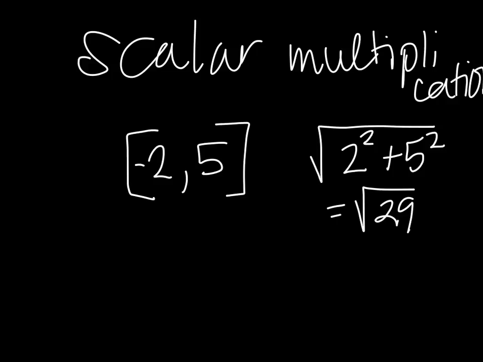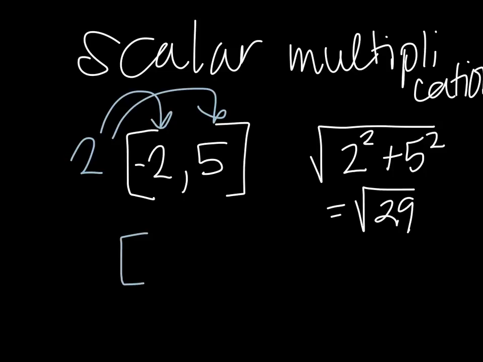Now, if I wanted to find a vector that was twice as long as this and in the same direction, I would simply multiply this vector by 2. And distribute in or multiply in the vector to each component, the x component and the y component. So a vector that points in the same direction as -2, 5, but is twice as long would be -4, 10. And that's simply how we do scalar multiples.